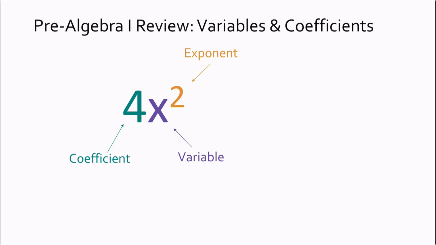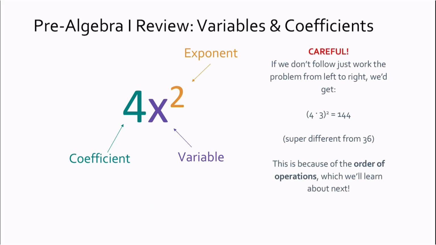And this is really important. We have to be careful, because if we work from left to right and do 4 times 3, which is 12, squared, we end up with 144, which is not even a little bit close to 36. And this is because of the order of operations, which we will learn about next.